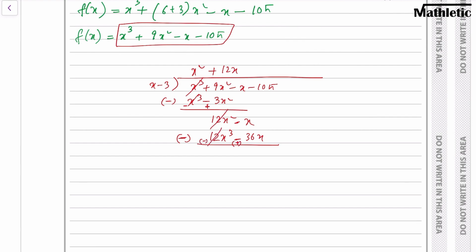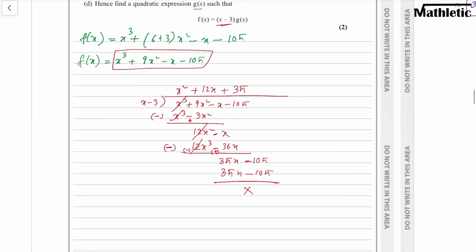This is cancelled out, minus x and plus 36x gives us 35x, and then you shift this 105 here. So x into 35, that's why I will select 35. This 35 will be multiplied with minus 3, giving us minus 105. So done. So f of x can be expressed as x minus 3 and this quadratic expression.